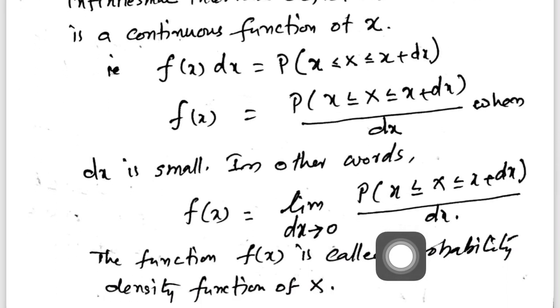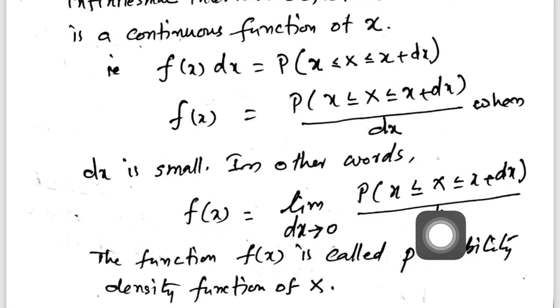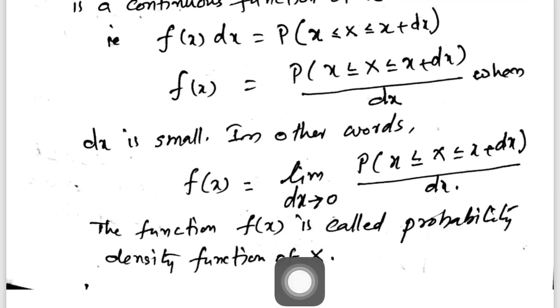Or in other words, using the notation of limit, f of x is the limit of the ratio of this probability to the length of the interval, as the length of the interval dx becomes closer and closer to 0. Then this function f of x is called the probability density function of x.